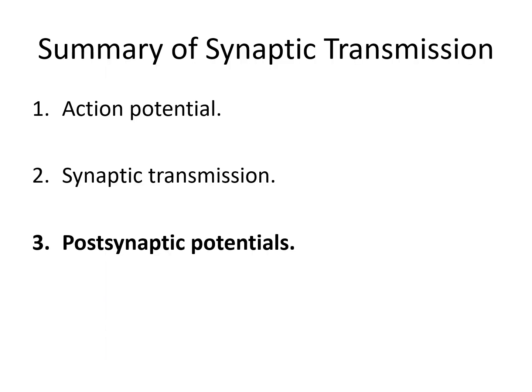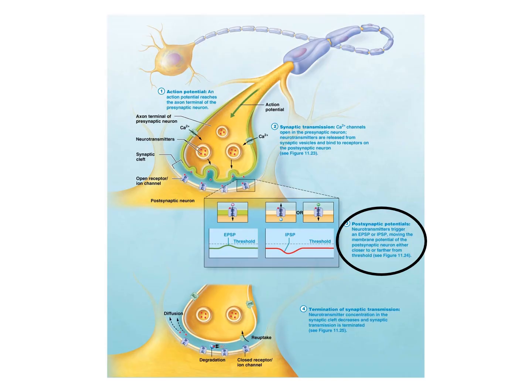As a result, they bind to receptors on the postsynaptic neuron and result in a postsynaptic potential, either an EPSP or an IPSP, depending on the type of neurotransmitter.